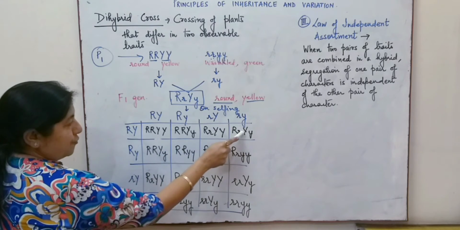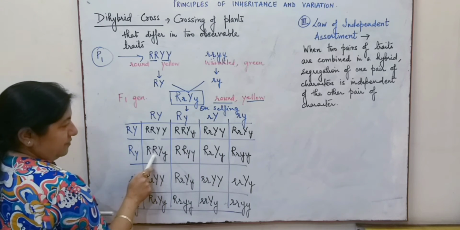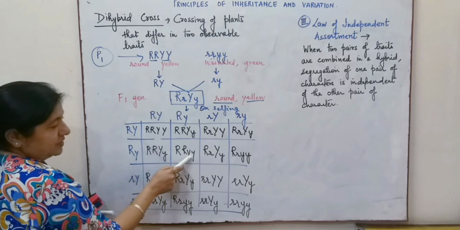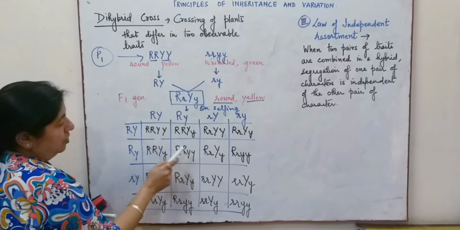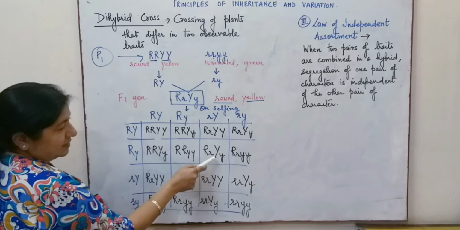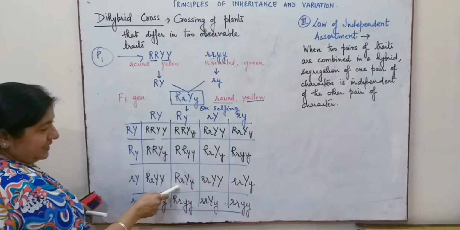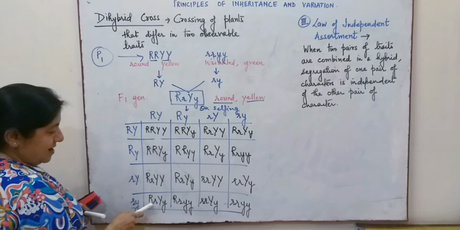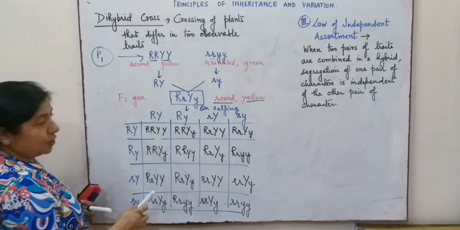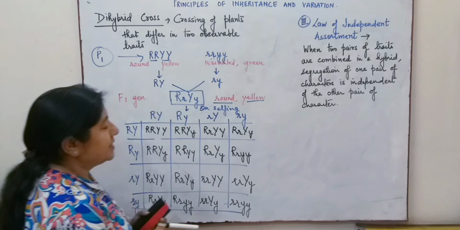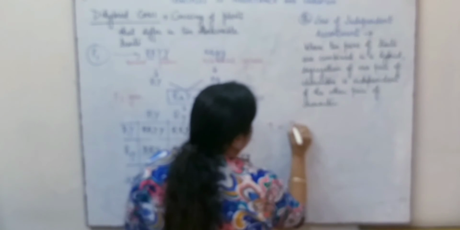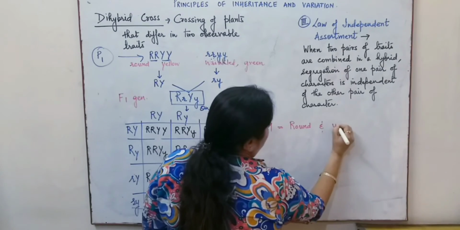So these are 4, 5, again skip this because over here the y is small, so we have 5 till here, 6, 7, 8, 9 over here. So we have 9 plants or 9 individuals which are round and yellow.